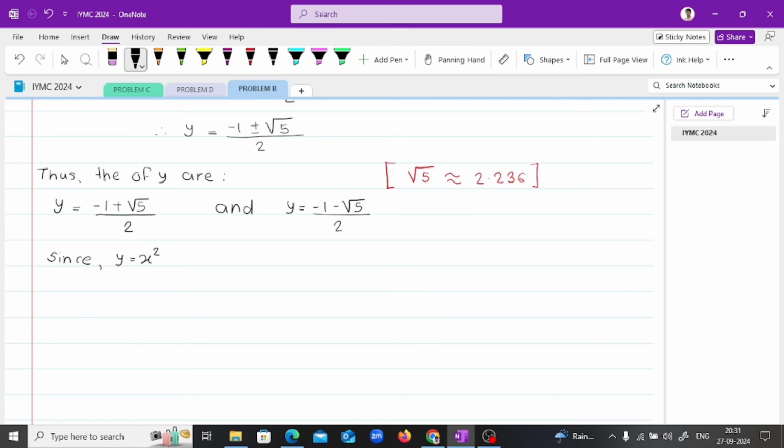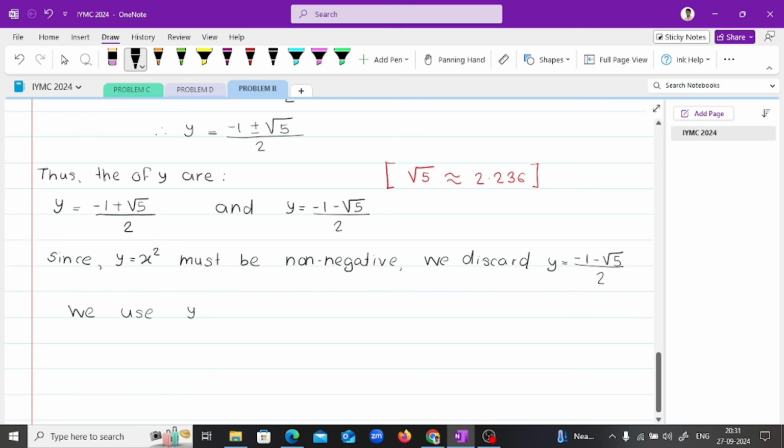Okay, so I will write here, since y is equal to x square, it must be non-negative. We discard y is equal to minus 1 minus root 5 upon 2, and we use y is equal to minus 1 plus root 5 upon 2.